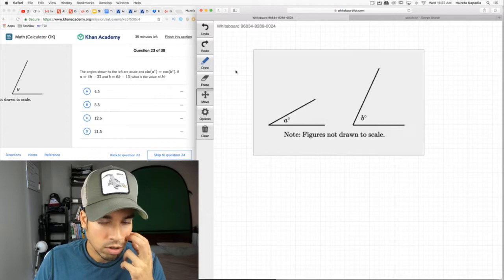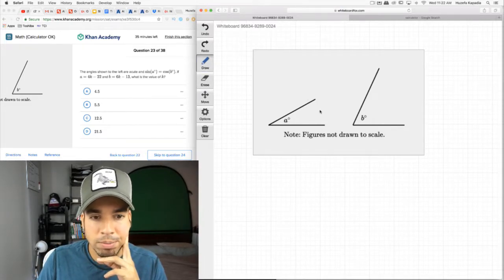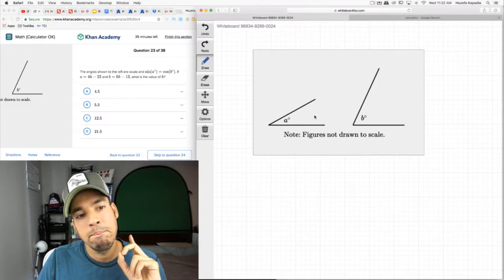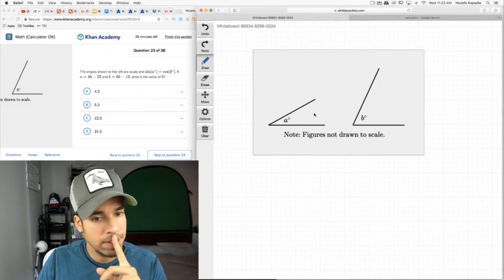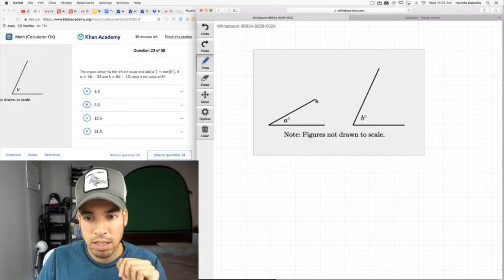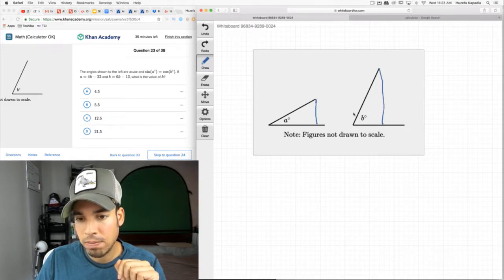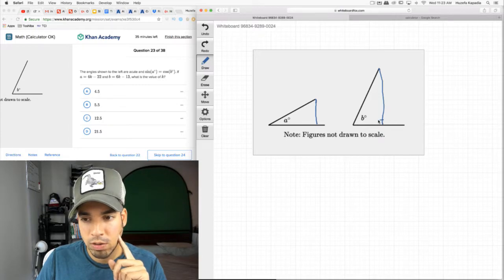The angles shown to the left are acute in that sine of A equals cosine of B. That means, actually, that these two are complementary, but we'll get back to that in a second. I'm probably going to draw a triangle just because we're dealing with cosine and sine.